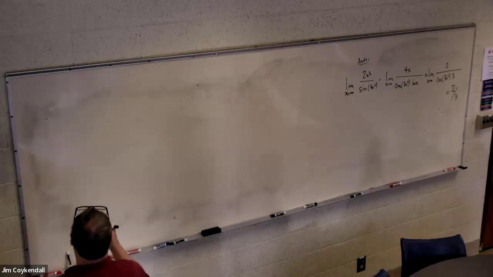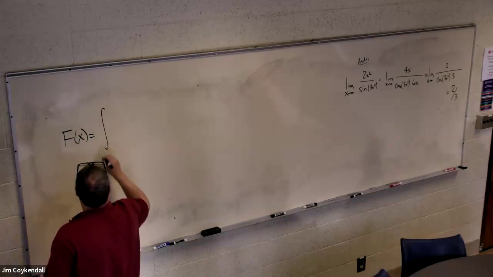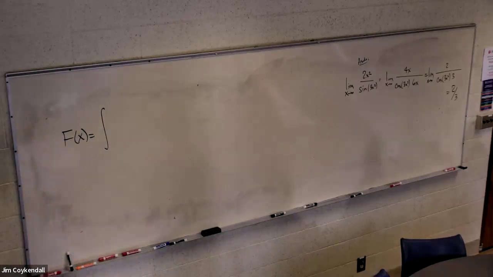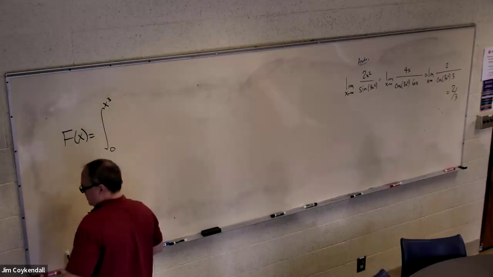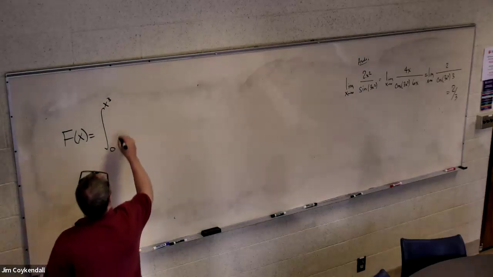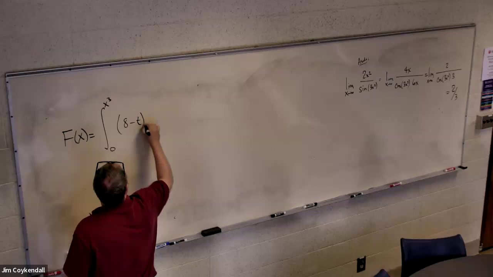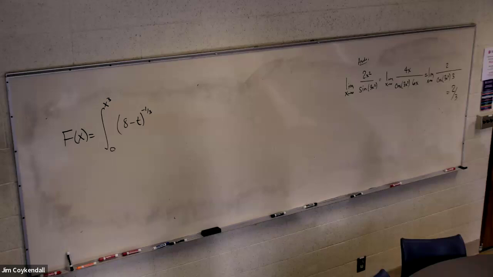f of x is the integral from 0 to x cubed of 8 minus t to the minus 1/3, t minus 1 to the 2/3.